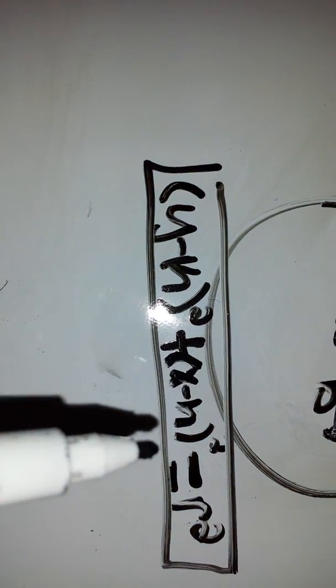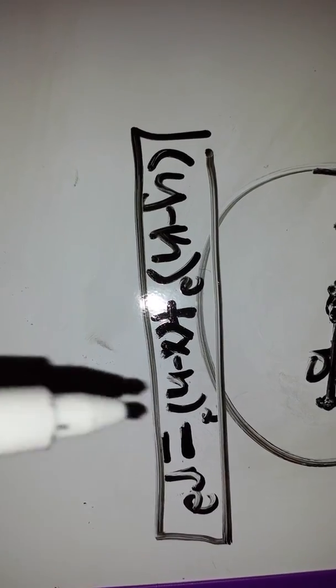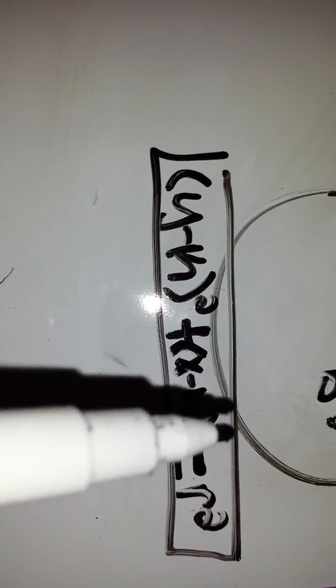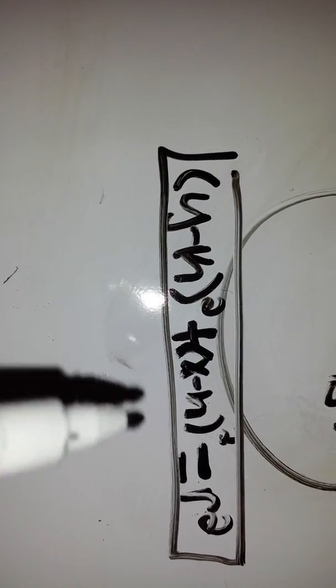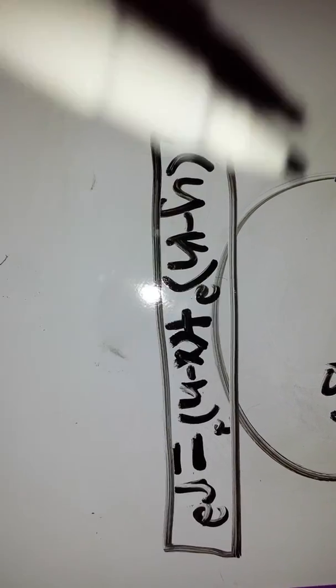So that would just be x minus h squared. So now we have y minus k squared plus x minus h squared equals r squared, or you could say x minus h squared plus y minus k squared equals r squared. It doesn't matter. The order doesn't matter.